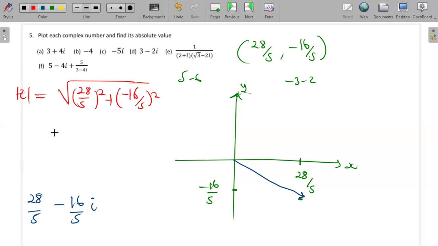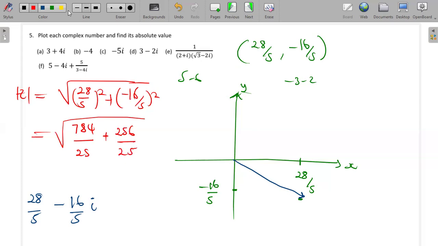And this is going to be equal to, 28 squared gives us 784, over 5 squared is 25. Then you have plus 16 squared, negative 16 squared is going to give us positive 256 over 25.